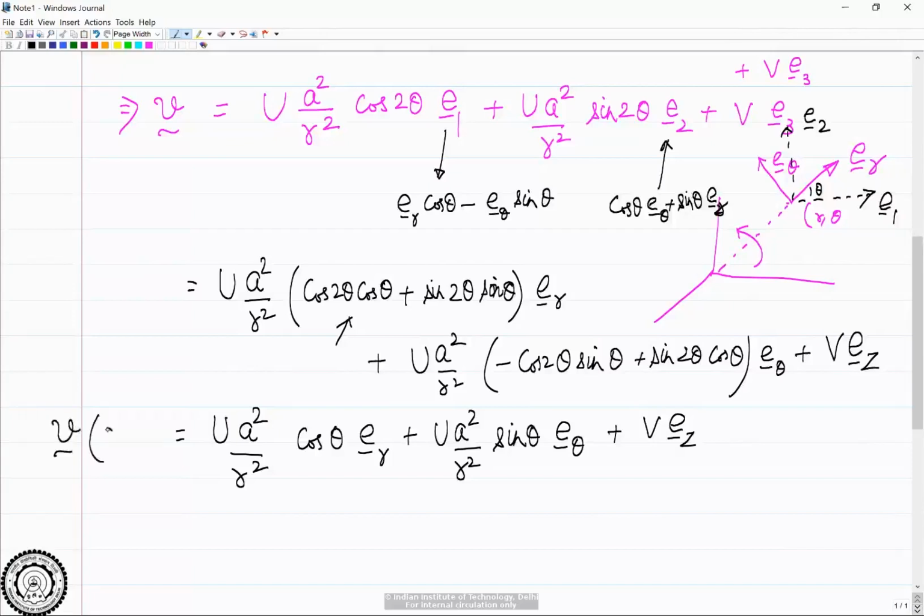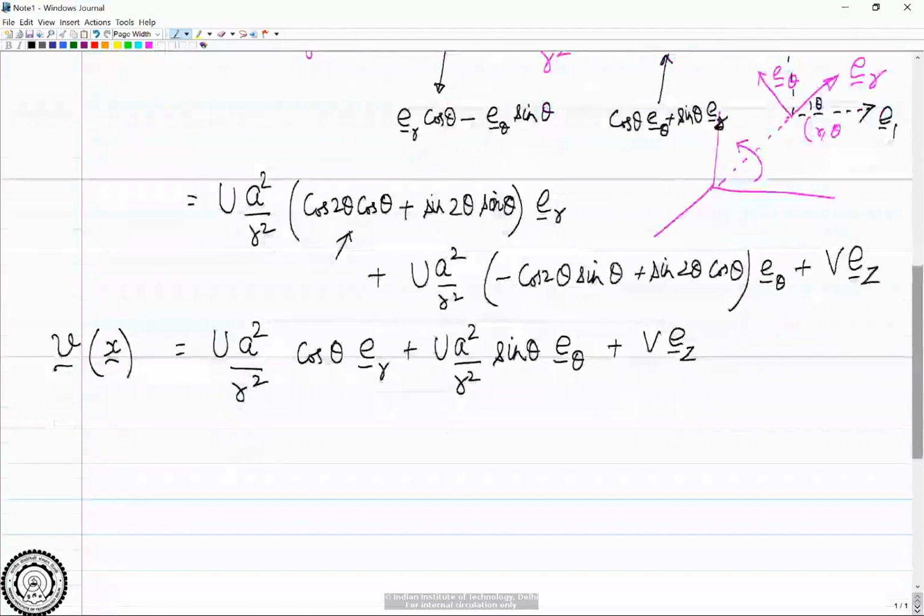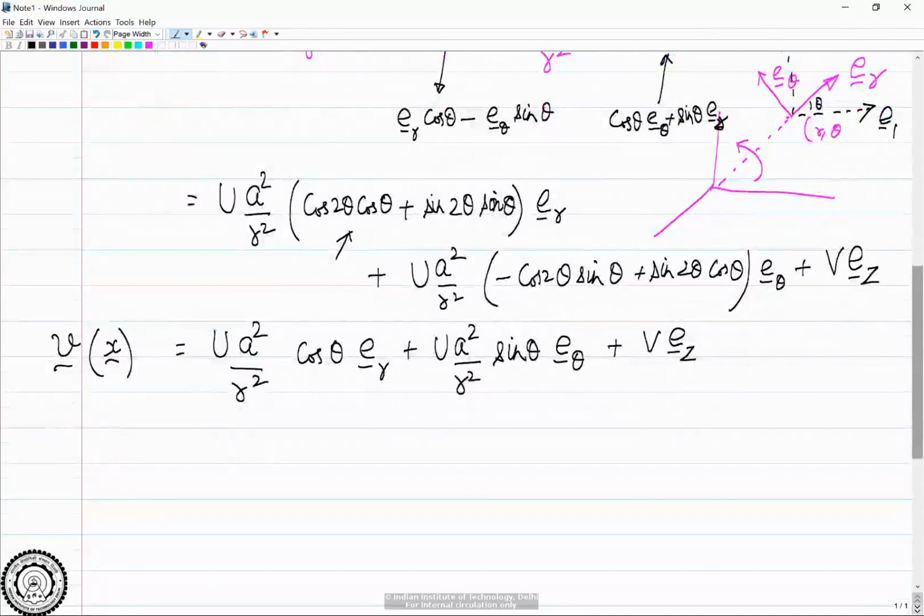So this is V as a function of x. So this looks easier now. And if I try to draw the velocity profile in the r theta coordinate system, how does it look like? First of all, look at the magnitude. What is the magnitude of this velocity?